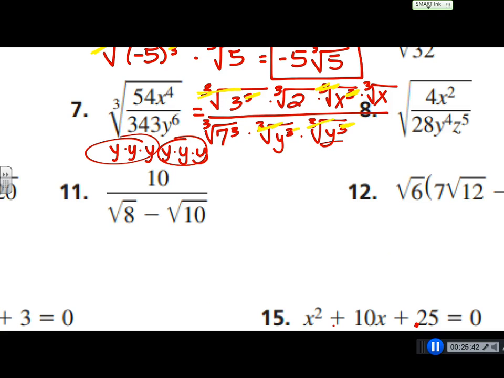So I have a 3, I have an x, I have a y, and a y, and a 7. How do I write these? 3, x, and y don't have houses on top. What do have cubed roots? 2 and x. On the denominator, 7 doesn't have a house, and y times y doesn't have a house.